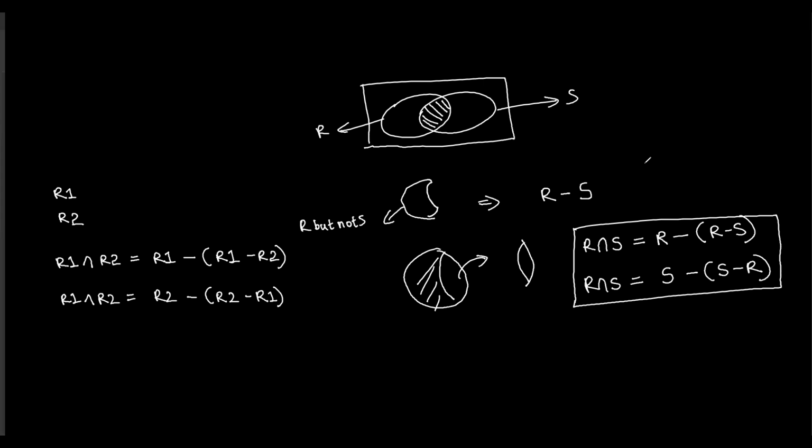Since we are using set difference to find out intersection, the relations we are using must be union compatible. That is also very important. Keep that in mind. They must be union compatible, or else we can't apply set difference, which means we can't apply intersection. Now I'll explain it with an example.